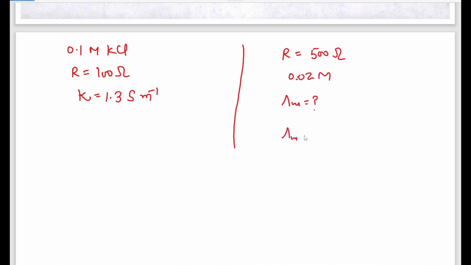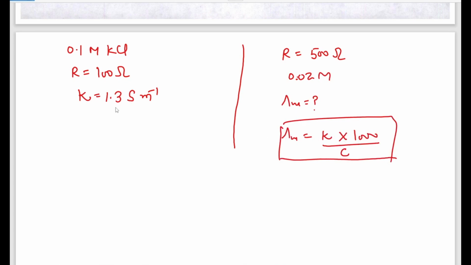So molar conductance is specific conductance into 1000 divided by concentration. First of all, we have to find the specific conductance of this solution. Then we will fill this value here and calculate molar conductance.